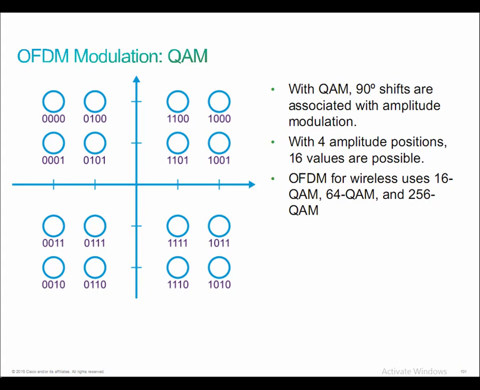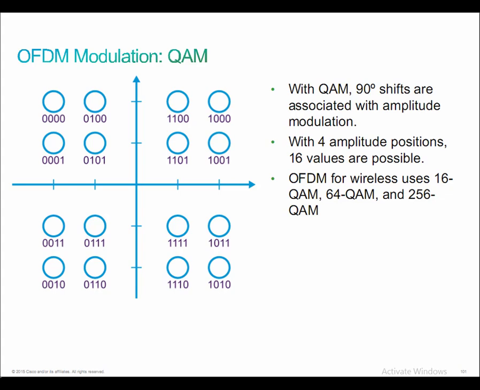High density modulation schemes like 64 QAM are used by 802.11n, and that's where we get the 8x8 quadrature concept. And we can even go higher. We can go up to 256 QAM. 802.11ac uses that. 256 QAM is going to give us a 16x16 quadrature, which is a much higher data rate, obviously.